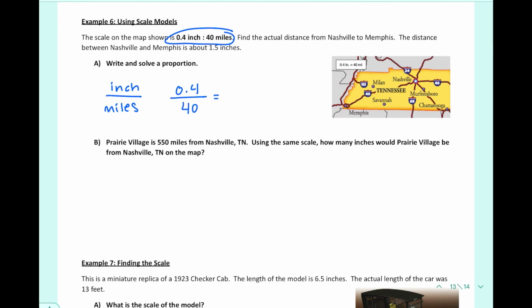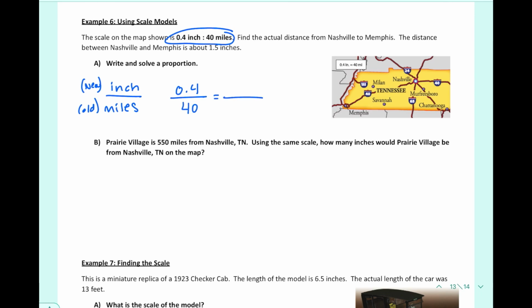Again, that would be new over old, right? The map was made as a model of a real distance, so the map would be newer. So the inches would be new versus the miles, which would be old. And again, we have 0.4 of an inch representing 40 miles every time.